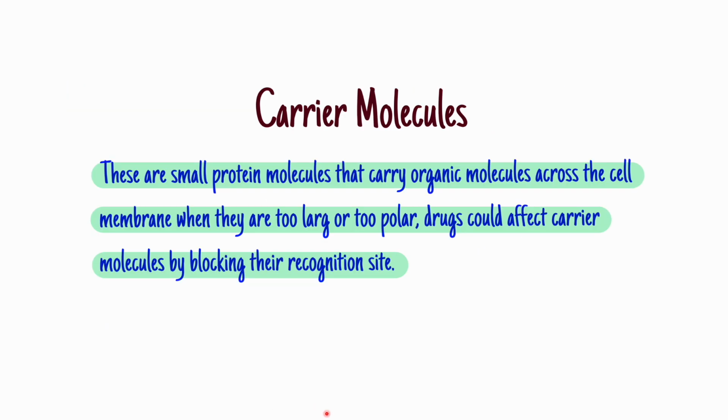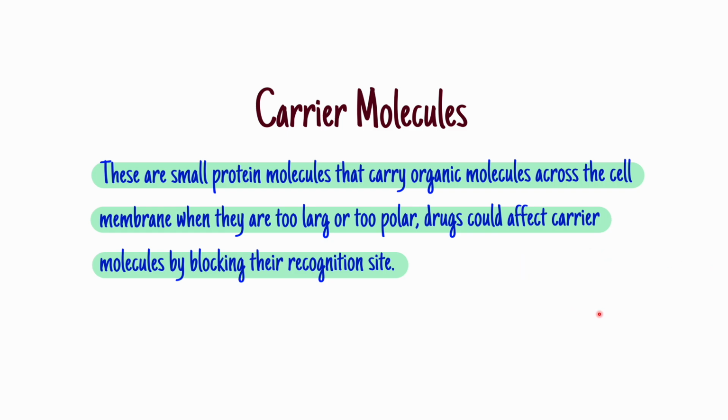The next one, we have carrier molecules. What do you mean by carrier molecules? For example, you have a cell, and this cell has a receptor. This is number one. You have an ion channel. You have enzymes, which we already talked about, and those enzymes can be intracellular, extracellular, and so on. Carrier molecules are molecules that are located outside the cell, and for a drug or a molecule whatsoever to enter inside the cell, these molecules should bind with these carrier molecules in order to be able to enter.